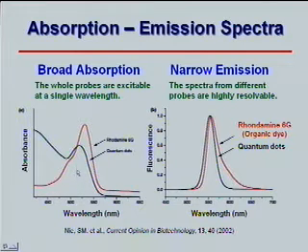As you can see, the quantum dot has a very wide absorption spectrum. That means if you have several probes in the same system, just a single wavelength of light can excite all of the probes at once.